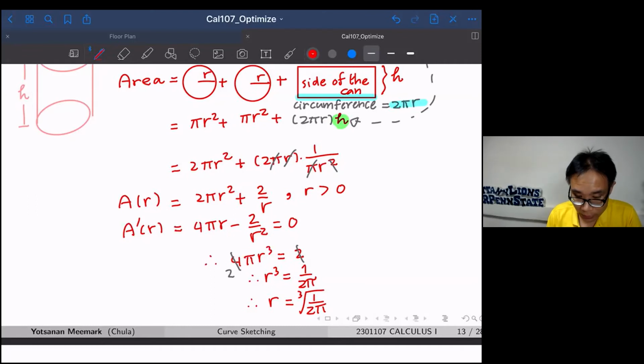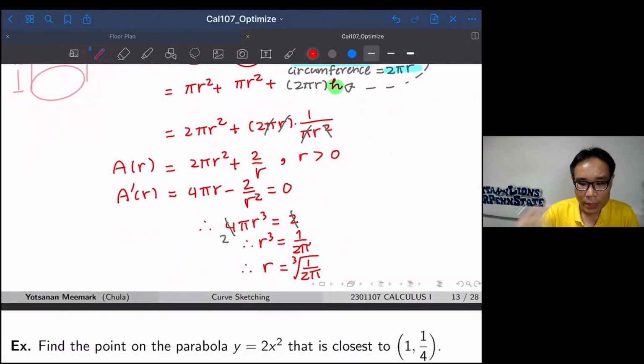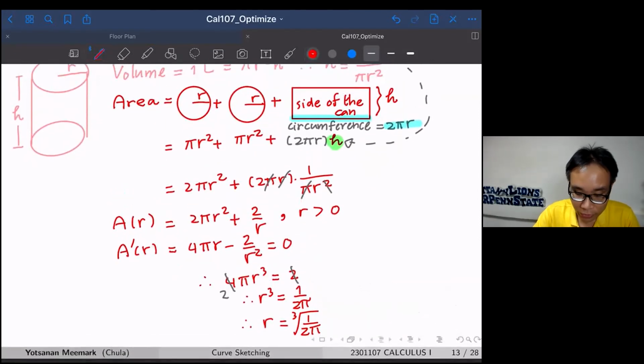We have to test whether this gives you a maximum or minimum. However, you see that this one is not on a closed interval. So we're not going to test it by plugging in. We're going to test by sign changing. What is sign changing? Sign changing is where we use the real number line and you put the critical numbers in.